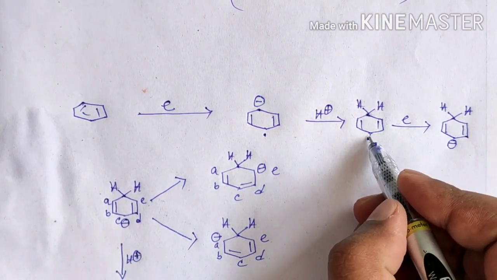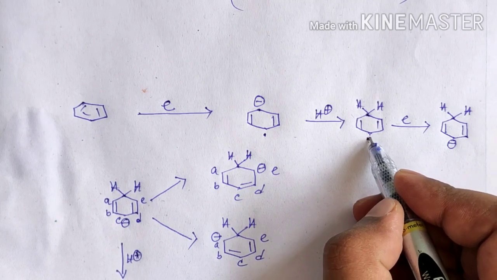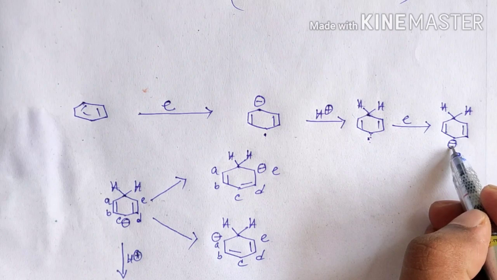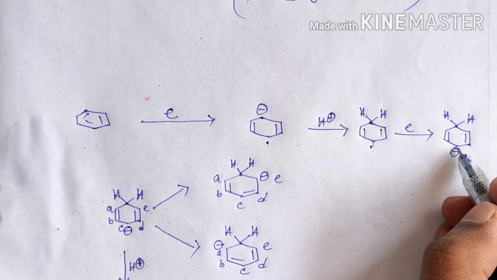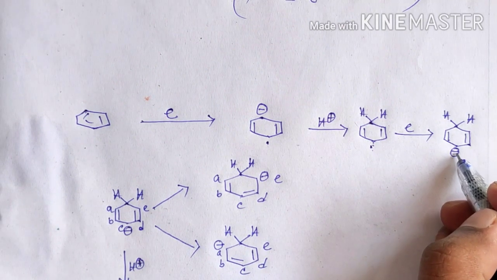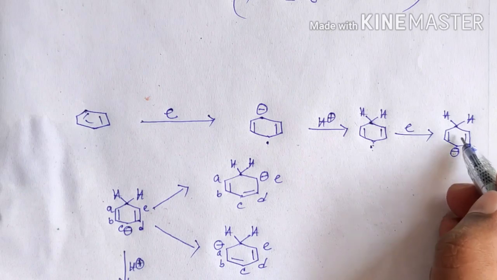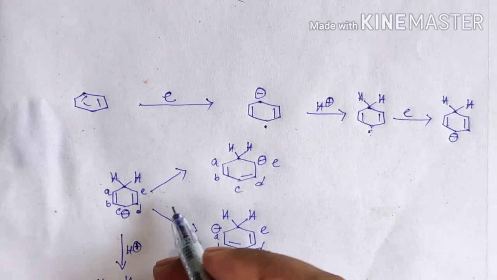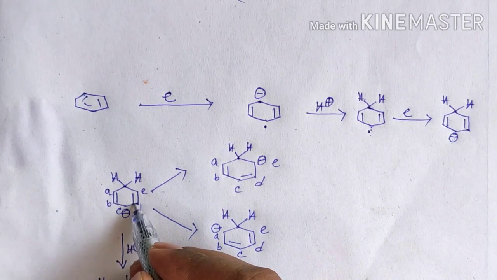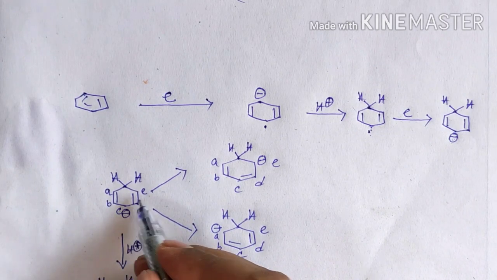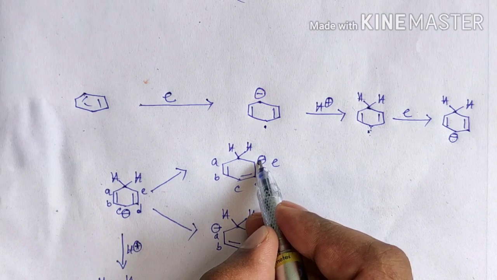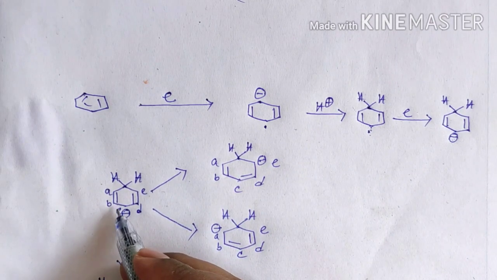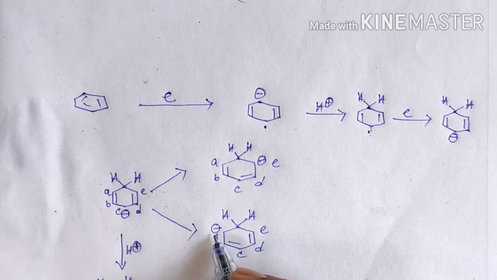Now after generation of this radical, it will abstract another electron and form this anion, and it can abstract a proton at this carbon atom to form the 1,4 oriented product, or this anion can resonate with this double bond to form this anion, or it can conjugate in this way to form this anion.